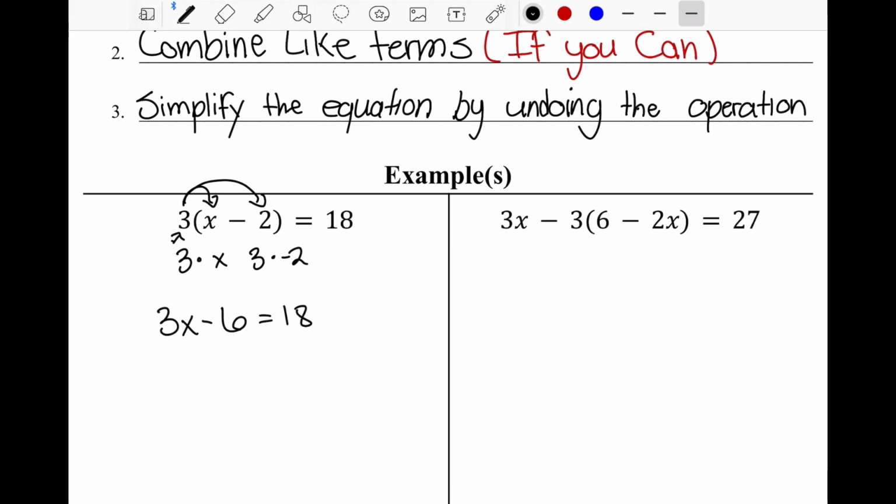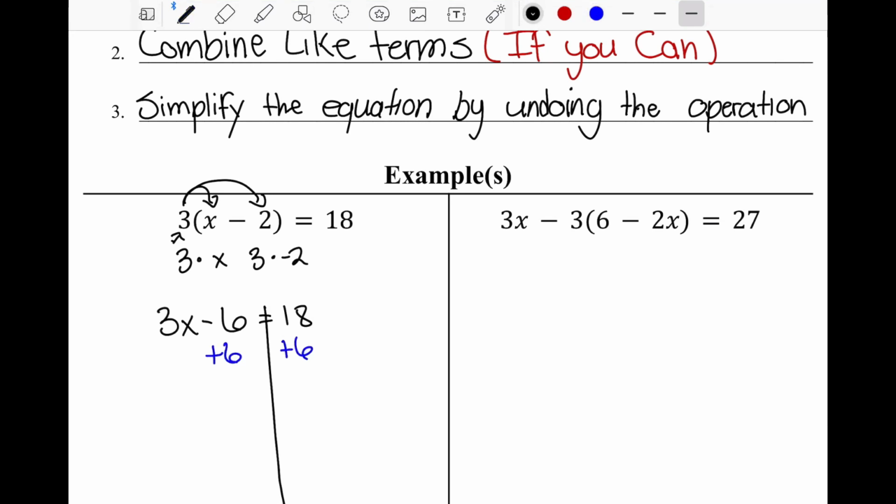Now that my parentheses are gone, I can take my equal sign and draw my line down the middle. Now we're undoing the operations, because I don't see anything that's considered a like term. Everything is by itself. So for me to undo, I'm going to start with my constant, the one without the variable, and do the opposite. It says negative 6, so the opposite is positive 6.